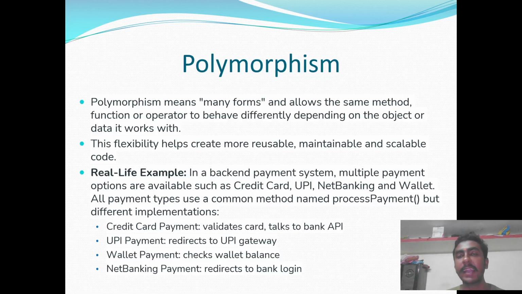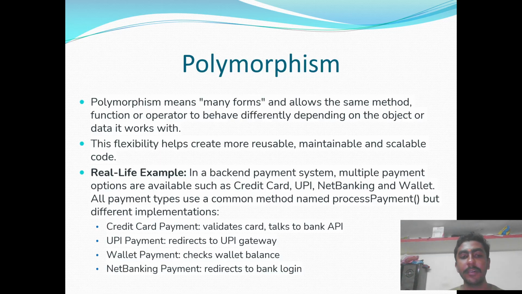Imagine that there is a backend payment system. Multiple payment options are available like credit card, UPI, net banking, as well as a wallet option. So all payment types use a common method named process payment, but with different implementations. If I have a credit card payment, it validates the card and talks to the bank API.